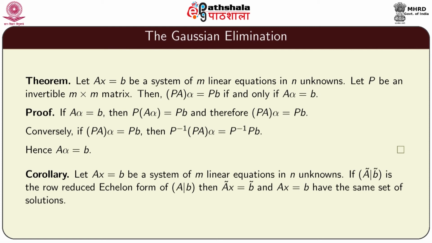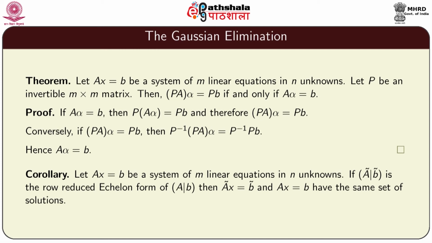But the interesting fact is that these elementary row operations do not change the set of solutions for the system of equations. And why is that so? Well, for the simple reason that we have already seen that an elementary row operation amounts to multiplication by an elementary matrix of the right kind from the left hand side.